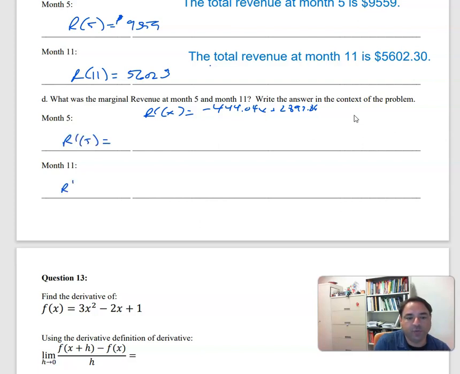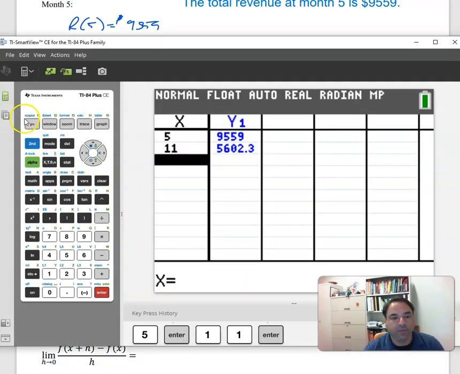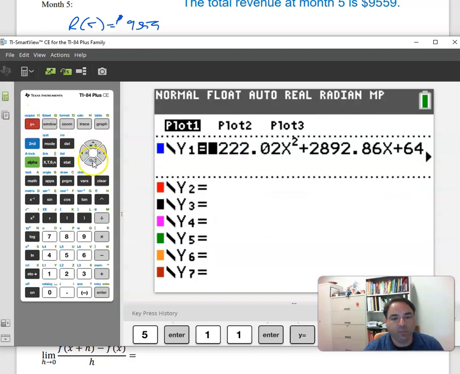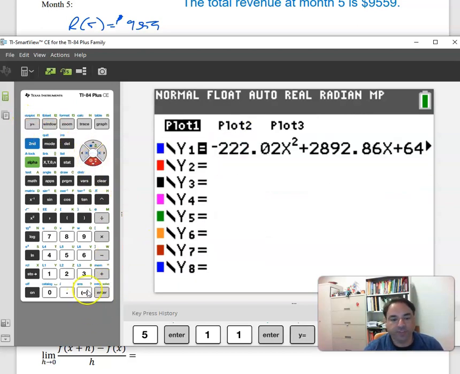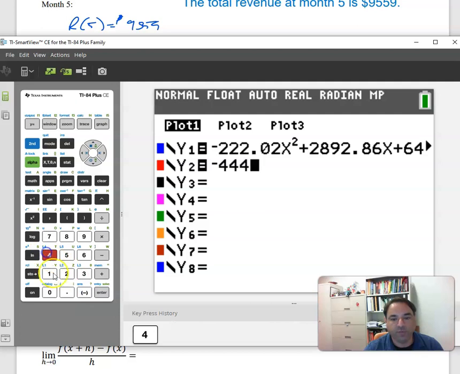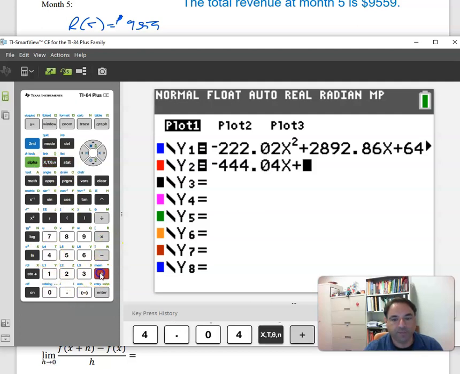So we have our marginal revenue, and now we're going to plug 5 into that. Again, you can type it in or you can use the table feature. So we're going to do it and check it. Then we're going to go to y equals, and in y2, we're going to put our derivative in, which is negative 444.04x plus 2892.86.